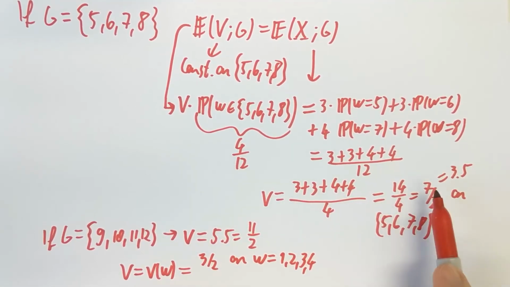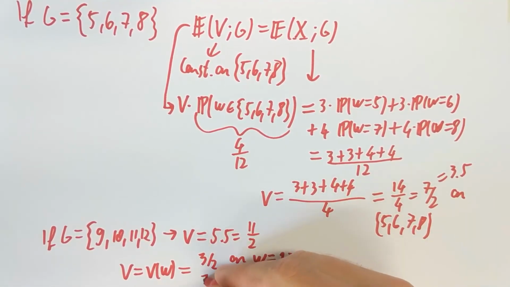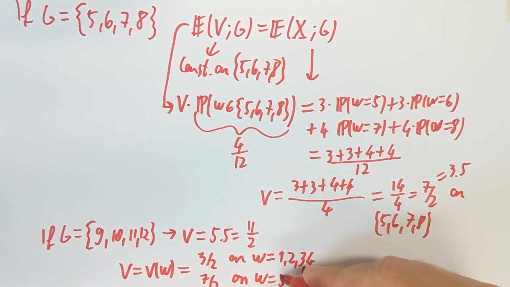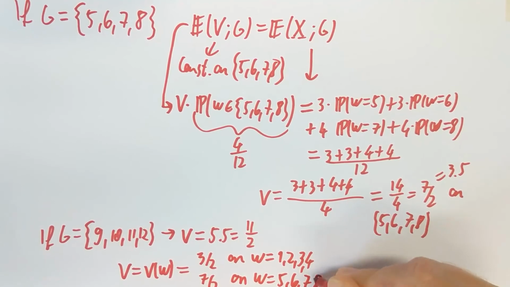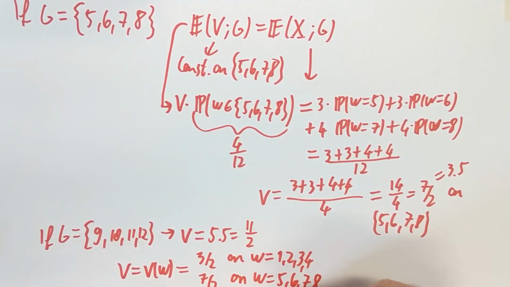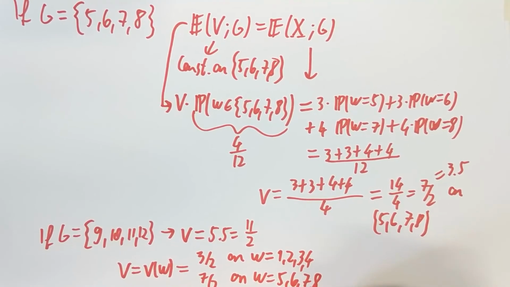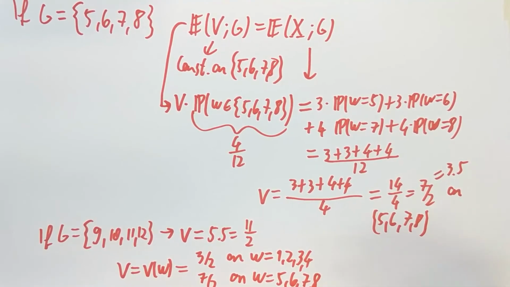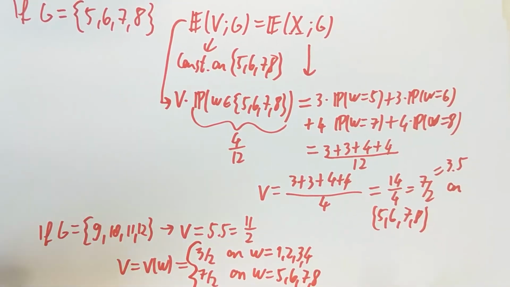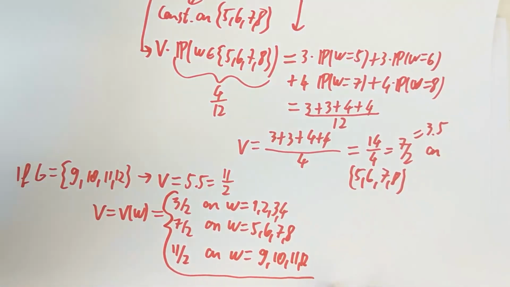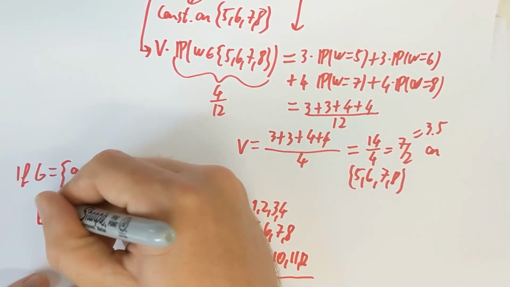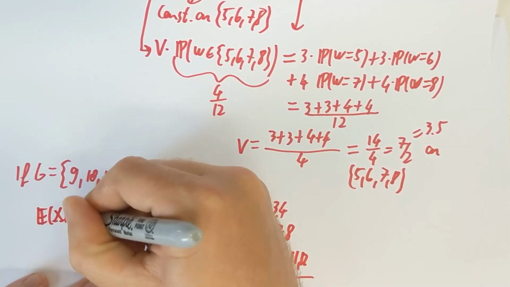It's going to be 7/2 on omega equals the second set, 5, 6, 7, 8. And it's going to be 11/2 on omega equals the third of these sets, 9, 10, 11, 12. This is what that is, and this is a version, in this case, of the expectation of x given G.